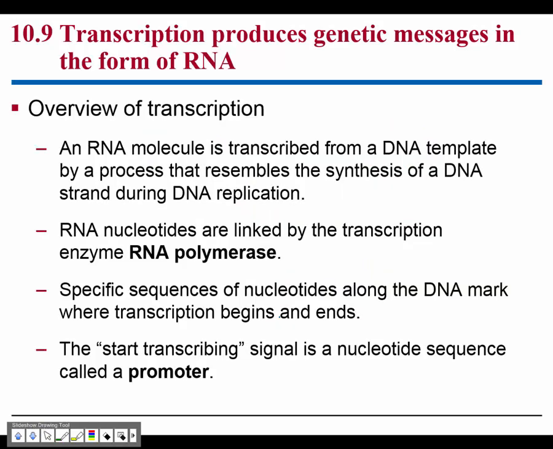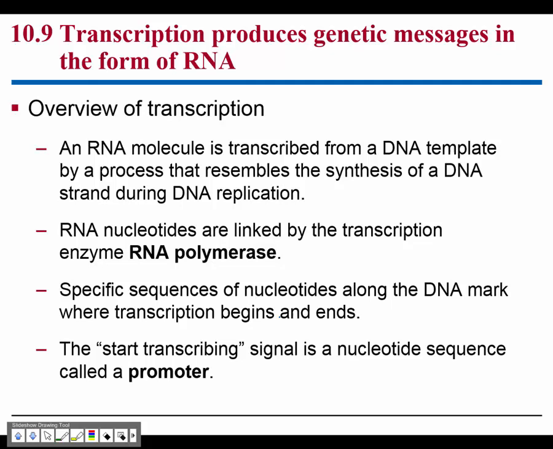So, transcription. An RNA molecule is transcribed from a DNA template, and that's very similar to when DNA replicates. It's kind of the same process, but instead we're making RNA. RNA nucleotides are linked by transcription enzymes, which is RNA polymerase. So ase is an enzyme, right?